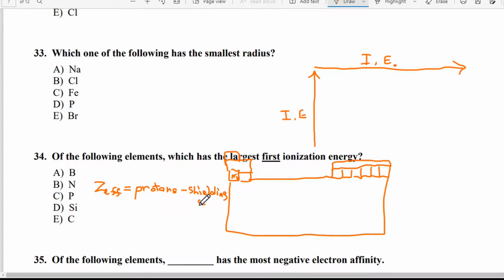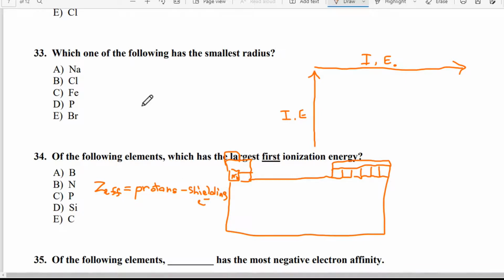So for sodium, how many shielding electrons are there? How many inner shell electrons are there for sodium? 10. Yeah, because the previous noble gas before sodium is neon, right?